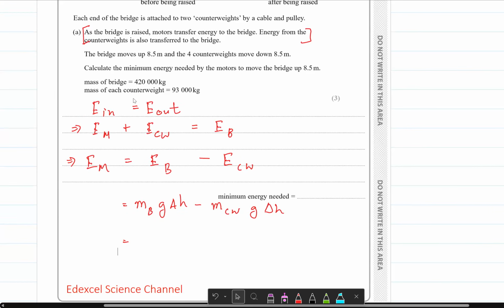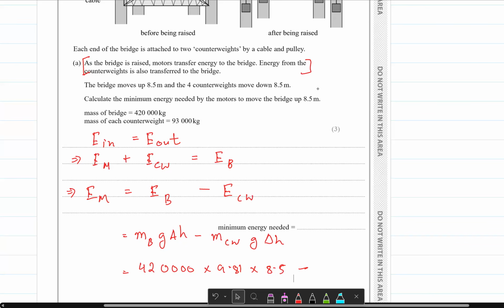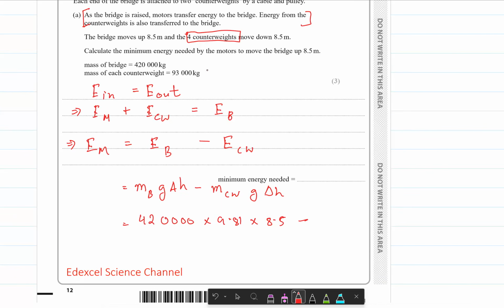So mass of the bridge is 421,234 times 9.81 times 8.5, minus... another thing to keep in mind is there are four counterweights. Each counterweight has a mass of 93,000 kilograms.